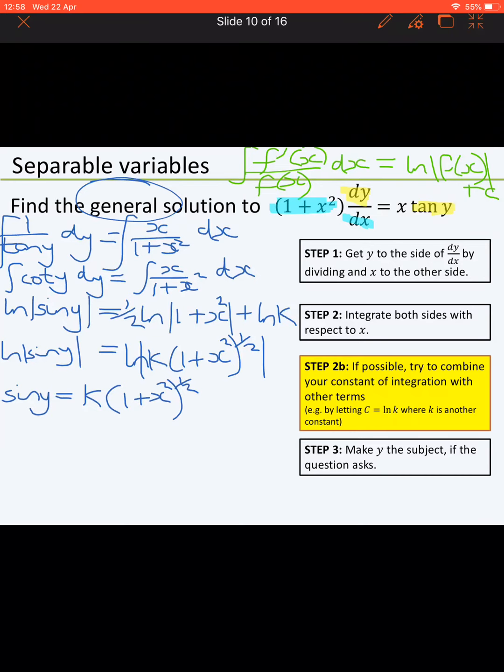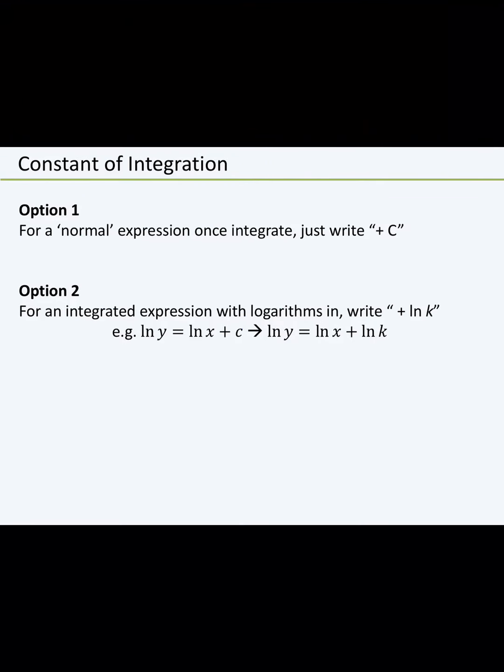Okay. So just as a little bit of a summary in terms of those constants of integration, for a normal expression, the ones that we did in the first video, just put your integration constant as just plus c. It can actually be any letter, and remember you only need to put that over on one side.